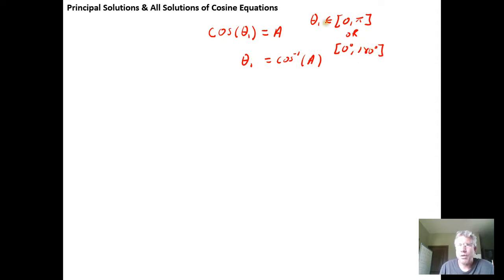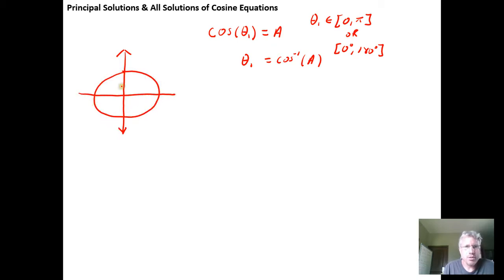It can only give us angles running from 0 to 180, 0 to pi, or in other words, angles in quadrant 1 or quadrant 2. So if I think about where theta 1 lives, theta 1 is going to be some angle on the unit circle in quadrant 1 or quadrant 2, because this is the 0 degree to 180 degree rotation. I get quadrant 1 or quadrant 2 angles.